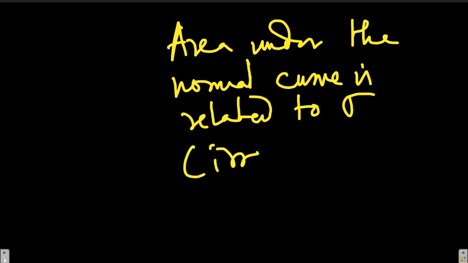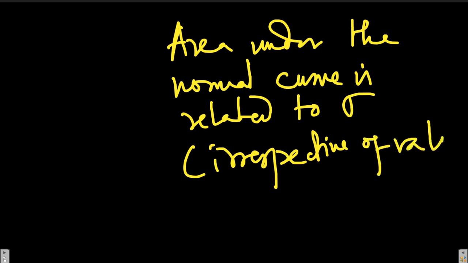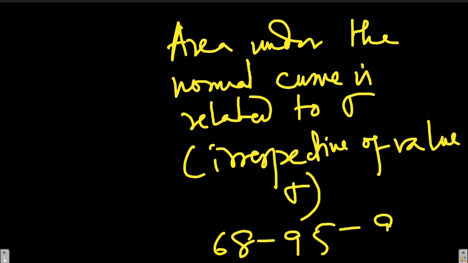Whatever the value of sigma, it really does not matter. The area under the normal curve will have a relationship with sigma, and we'll come to that. We call that the 68, 95, and 99.7 rule.